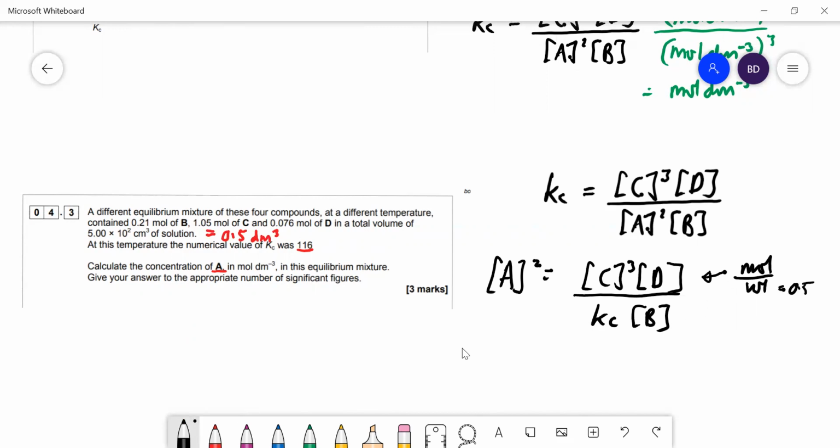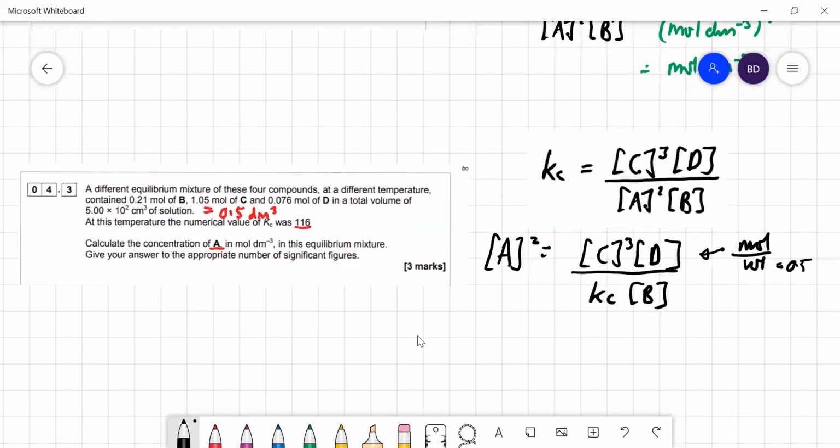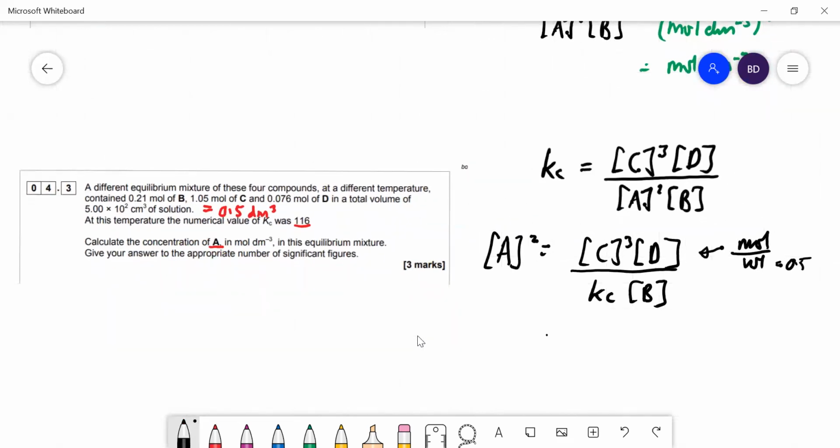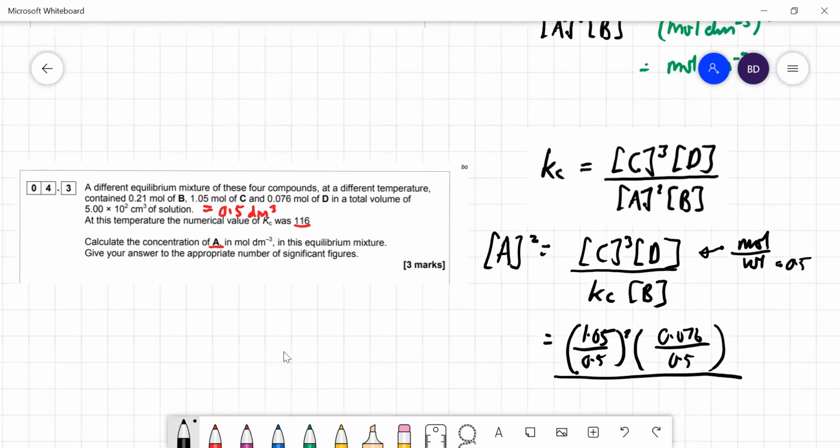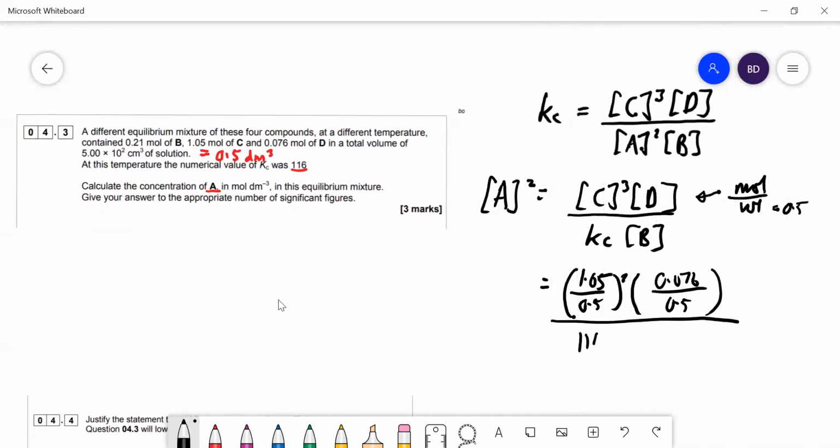So if you put all those numbers in, you would end up getting A squared is equal to 1.05 over 0.5 squared, multiplied by 0.076 over 0.5, divided by Kc, which is 116, and divided by the concentration of B, which is 0.21 moles over the volume, which is 0.5.